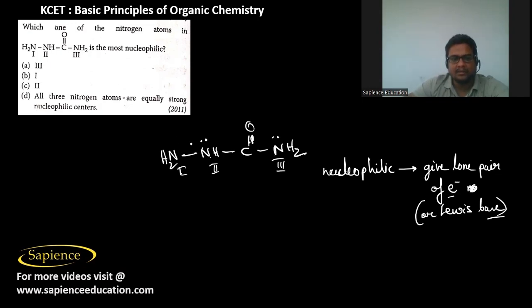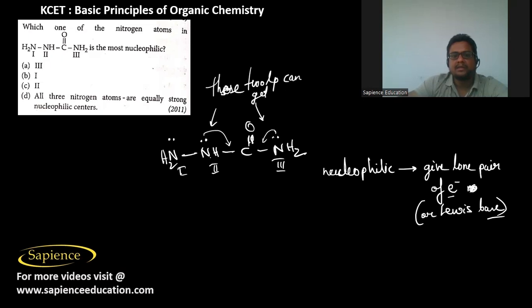Here all the nitrogen atoms have got lone pairs on them, but these two lone pairs can easily get involved in the resonance with the carbonyl group, but this lone pair can't get involved in the resonance.